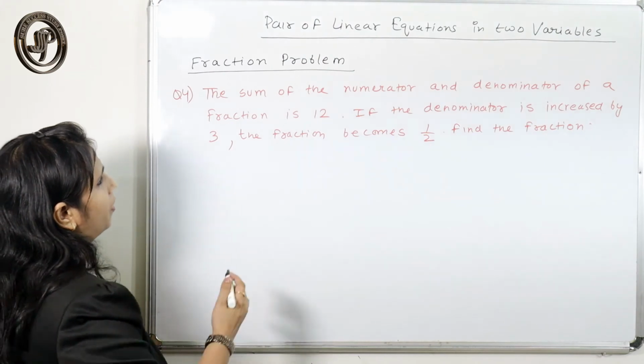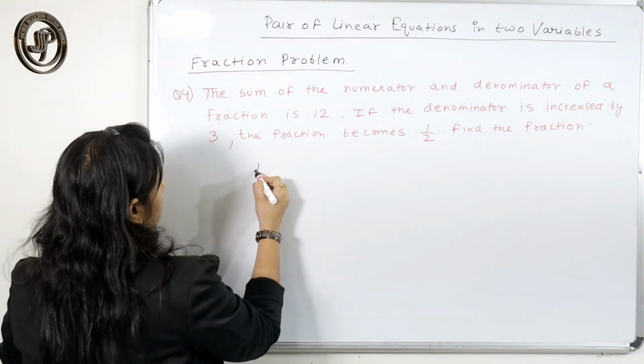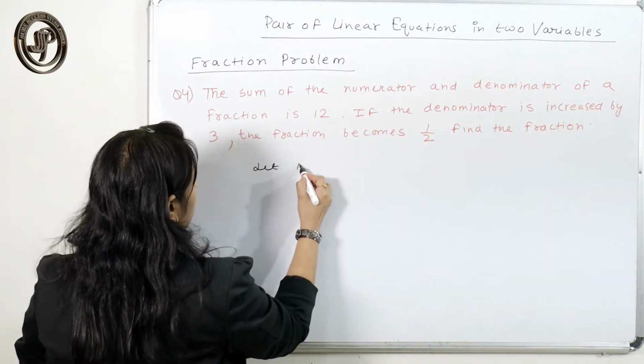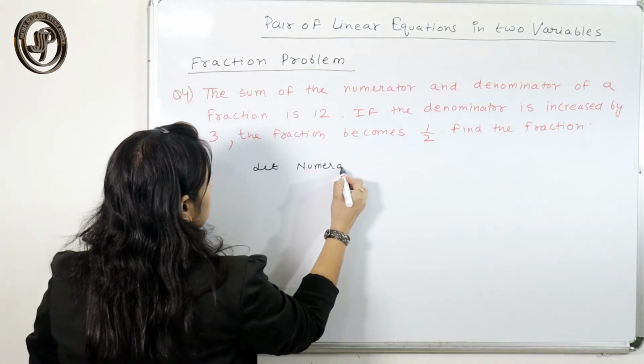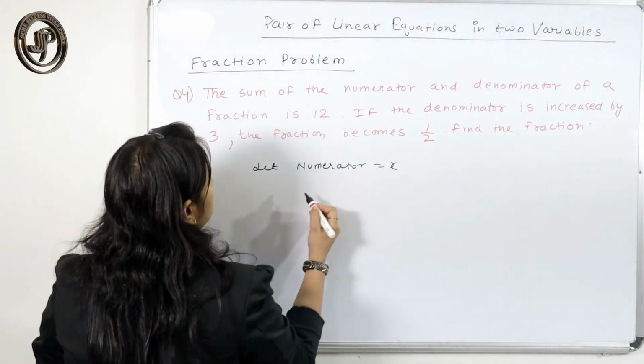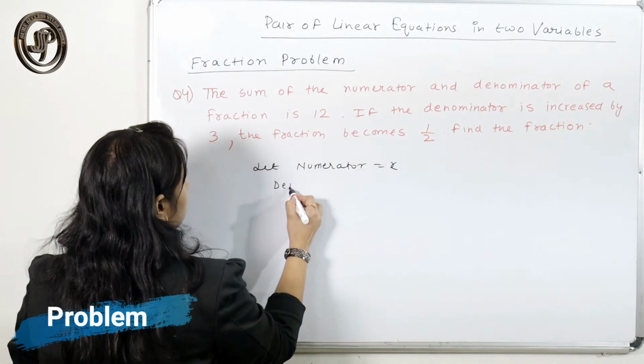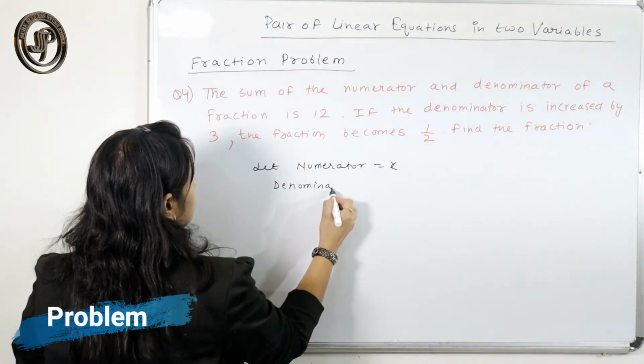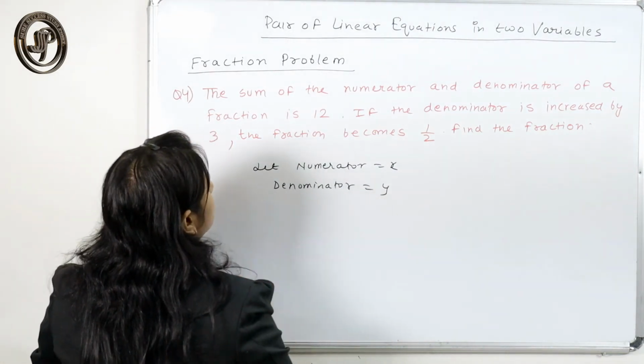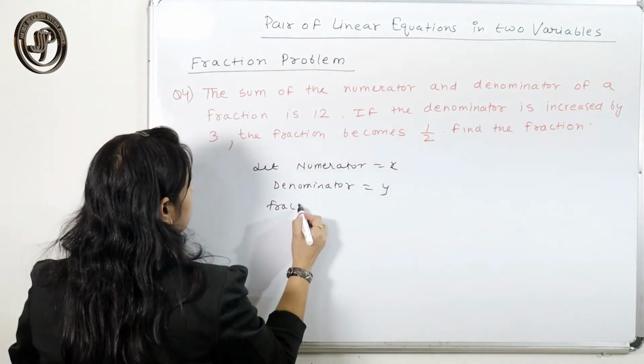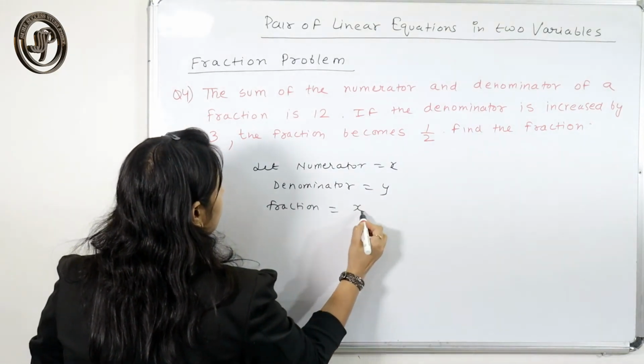The sum of numerator and denominator of a fraction is 12. So first I let numerator x and denominator y. Now the fraction becomes x upon y.